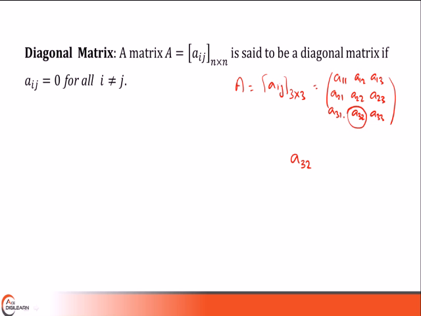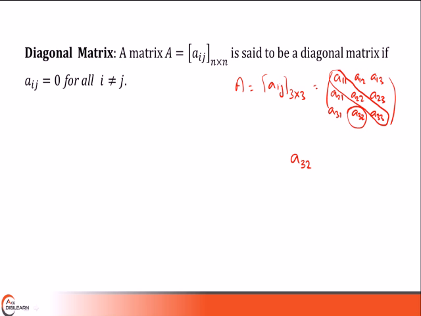Based on this we can define a diagonal matrix in which aij equals 0 for i not equal to j. You can observe one thing: this is said to be the principal diagonal, in which i and j both have the same number, so i equals j.